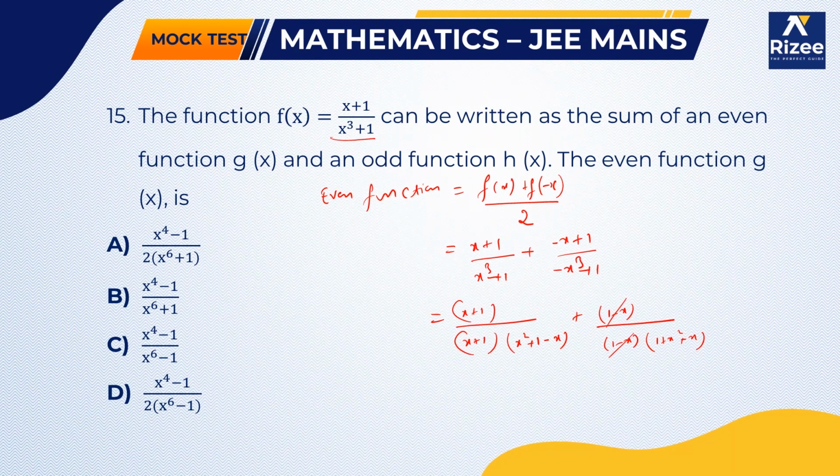Now we have 1 by x squared plus 1 minus x, plus 1 by 1 plus x squared plus x.